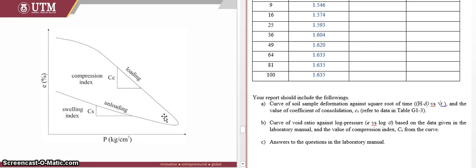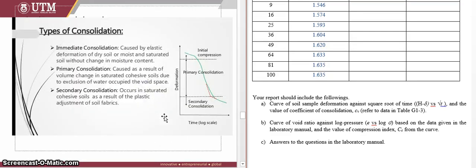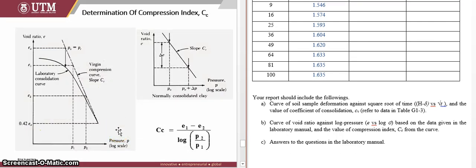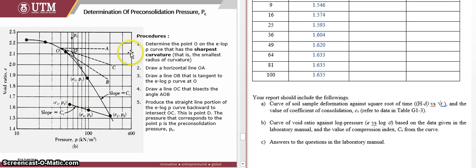So I think you can go through again the consolidation that you learned from geotechnics, that we have a few different stages in consolidation: initial or immediate consolidation, primary consolidation, and also secondary consolidation. And I think you also have to know how to determine the CC, of course, and the PC, the pre-consolidation pressure.